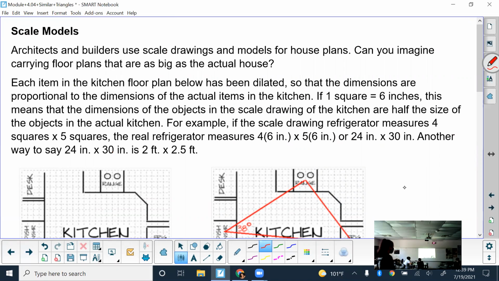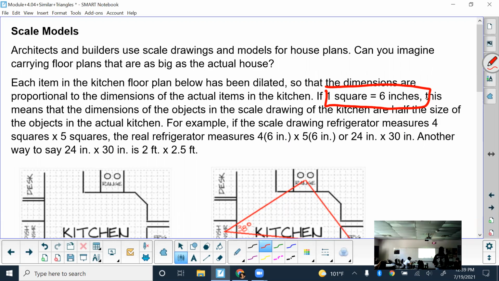Obviously the blueprint's going to be much smaller than the actual classroom. And the way that those work, so like down here we have a floor plan of a kitchen, is that they usually have a scale factor like this, like 1 square equals 6 inches, which would mean that the dimensions of the scale drawing are half the size of the objects in the actual kitchen.